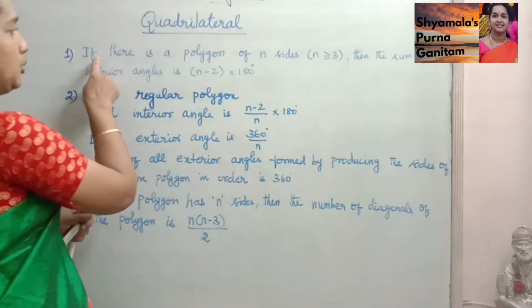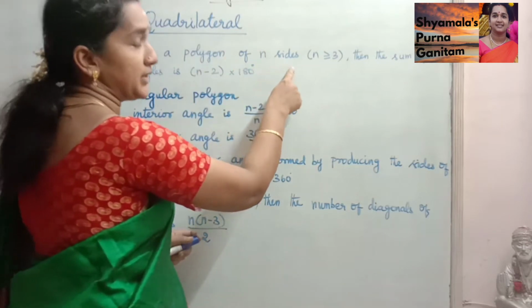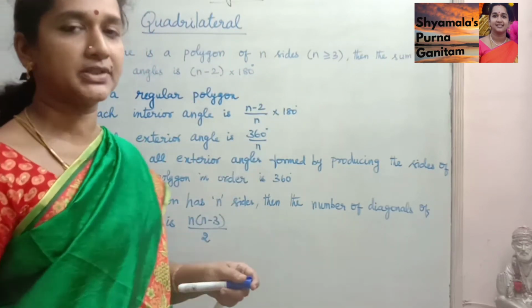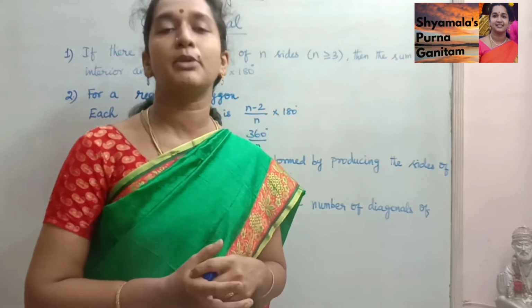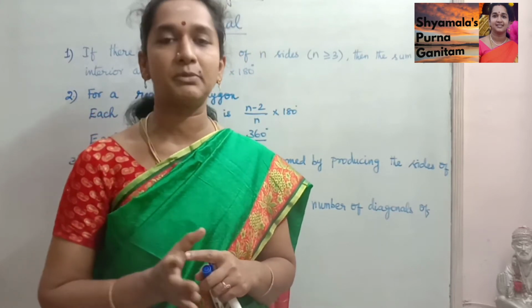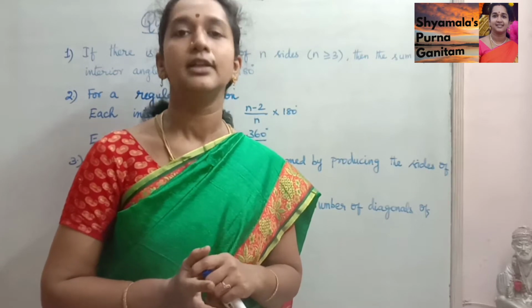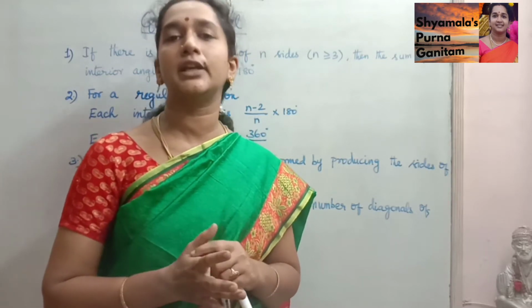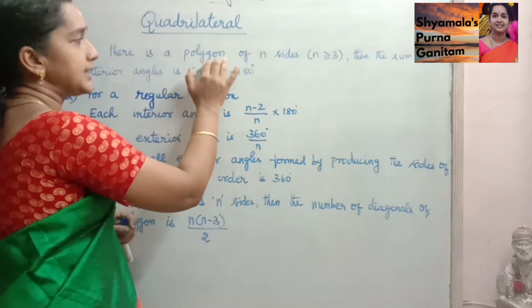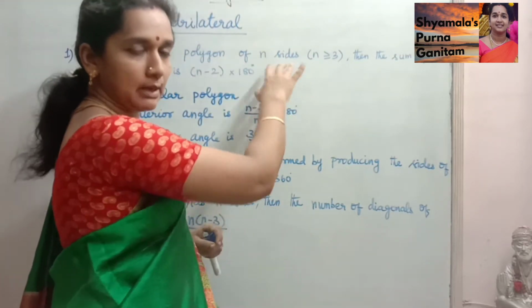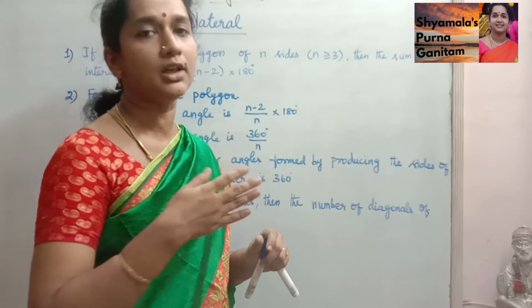First one: if there is a polygon of n sides, n is the number of sides. Obviously, the minimum number of sides for a polygon is 3, so a polygon starts from the triangle. This four-sided polygon is called a quadrilateral, and polygons with 4, 5, 6 sides have different names.